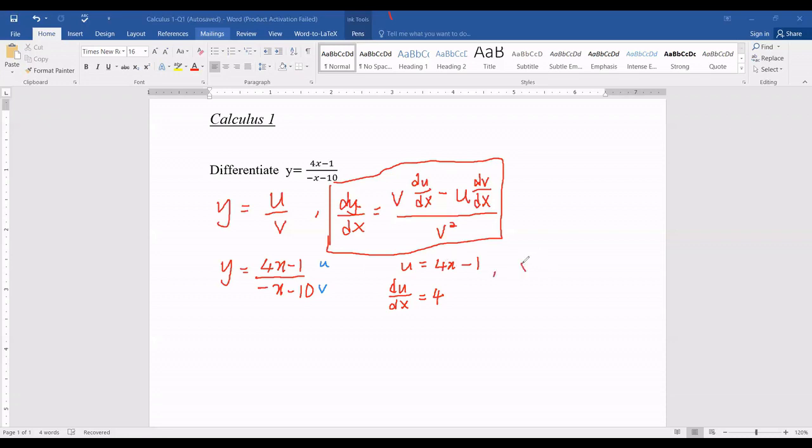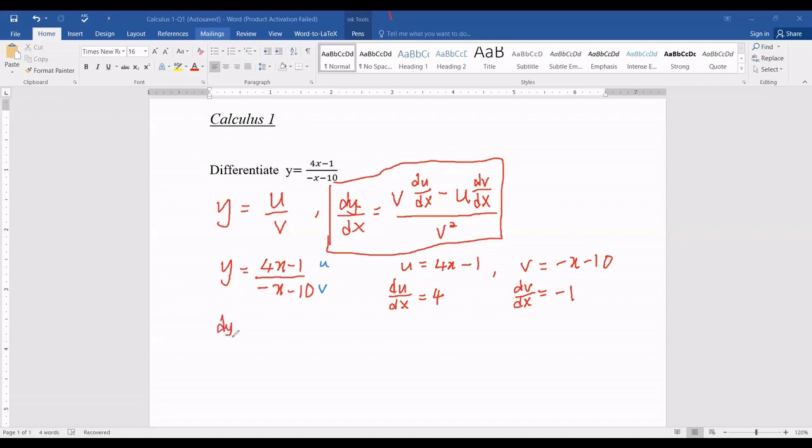And v, as we know, is minus x minus 10, and if you differentiate v with respect to x, you will get minus 1, and for minus 10 you will get 0. Once we have found this, now we need to plug into the formula.